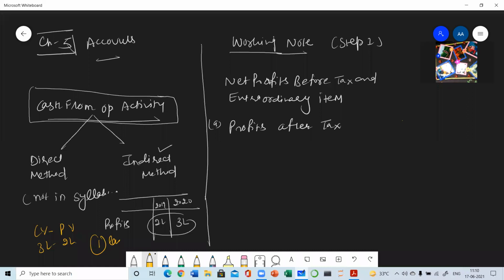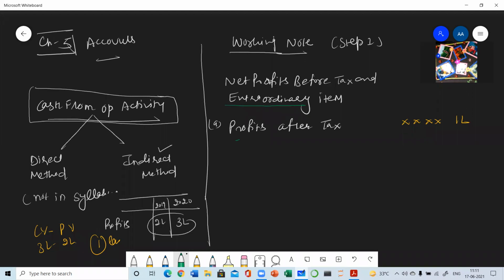So the profit after tax, whatever the amount is given. Suppose I have taken the amount 1 lakh, so I have written it here. This is the very first thing you need to write, and it will always be there in each and every question. What we are finding out is net profit before tax, and this is the profit after tax.